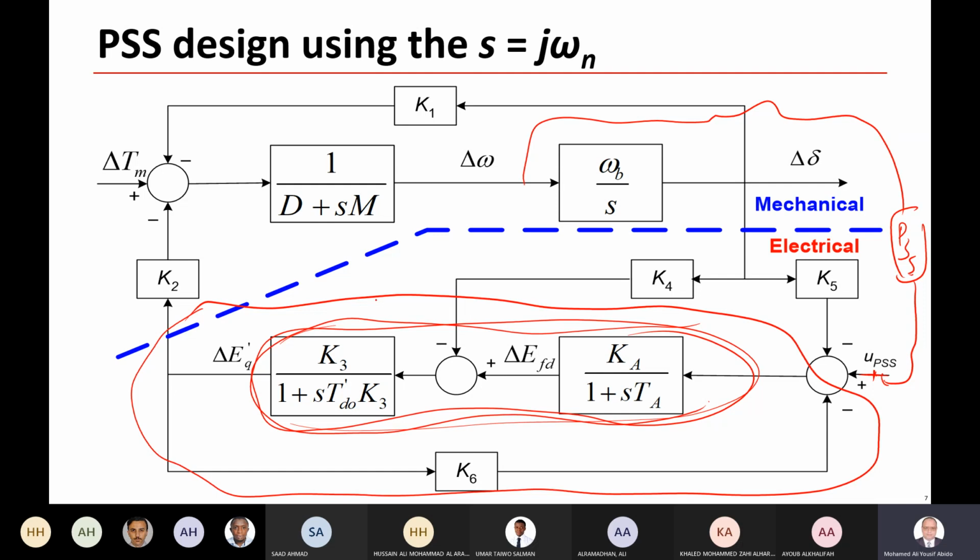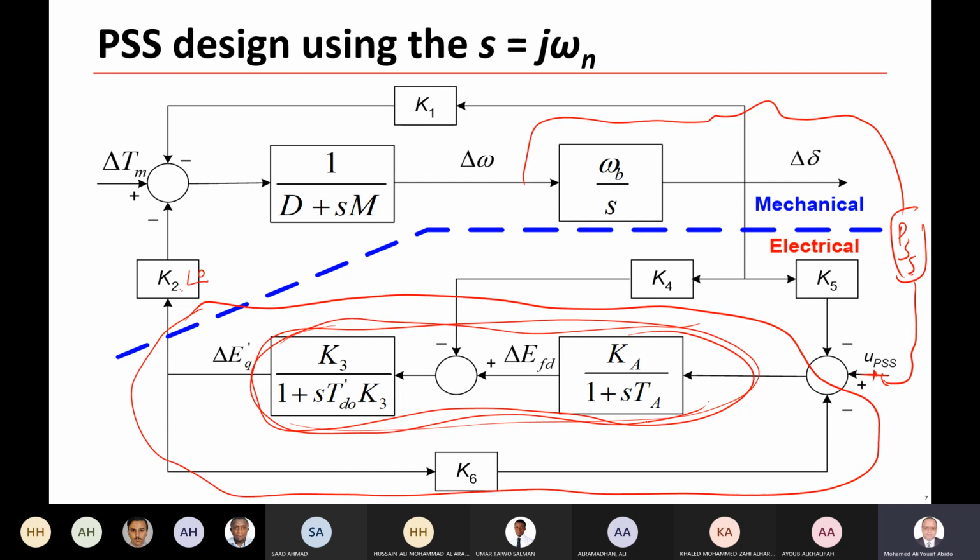So we need to find the angle of this transfer function between this signal and the output here. Of course, K is constant, the angle of K is 0, meaning this block will not affect the angle that comes here.